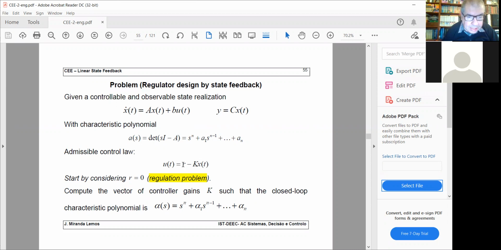And I want to select the gains K such that in closed loop, the closed loop characteristic polynomial is an alpha of s that I specify. So for instance, if I know the desired closed loop poles, then I can build a polynomial which is this alpha of s.